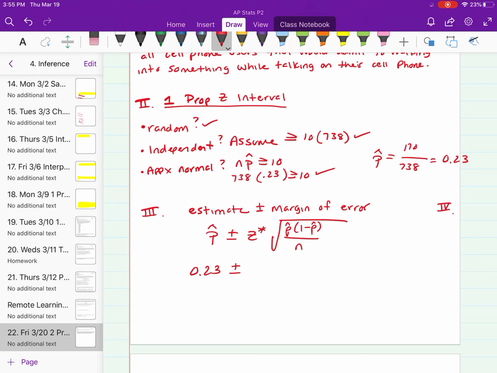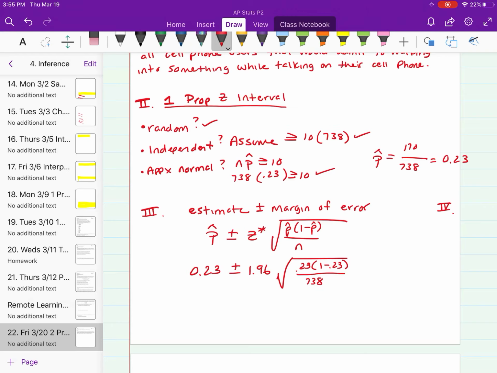Remember that comes from table B. This is a 95% confidence interval, so that is 1.96. Filling in the rest, over your sample size, which was 738.